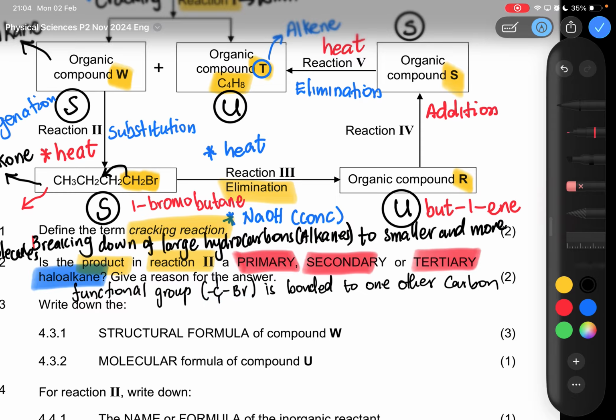Yes. So the functional group, please specify what is the functional group. So the functional group, which is C, Br, shows that the carbon is bonded to one other carbon, which makes it a primary.